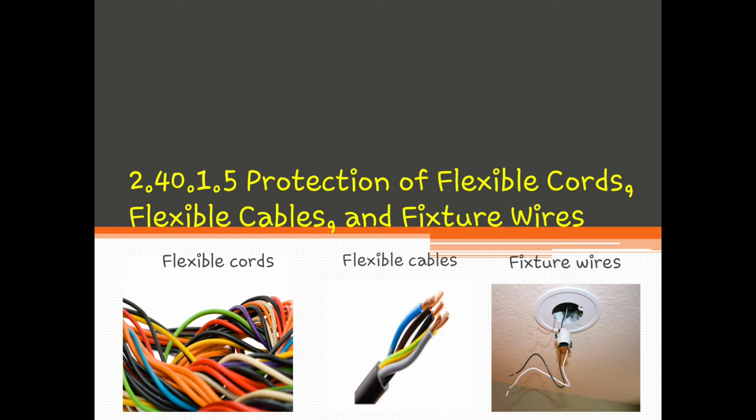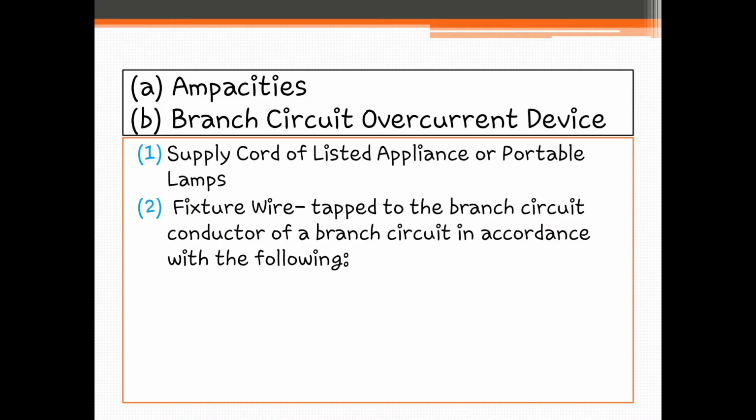Below are the pictures of those cords and cables. So these materials, the flexible cord and flexible cables, including tensile cord and extension cords, and fixture wires, must also be protected, or shall be protected against overcurrent by either the following.